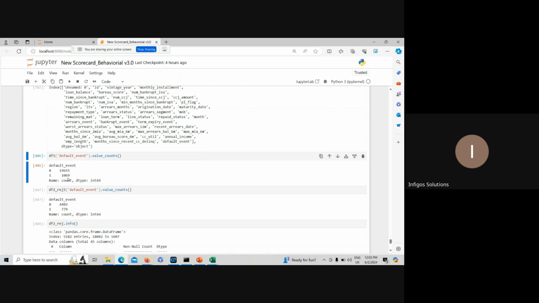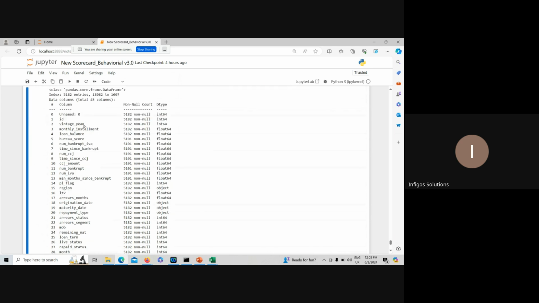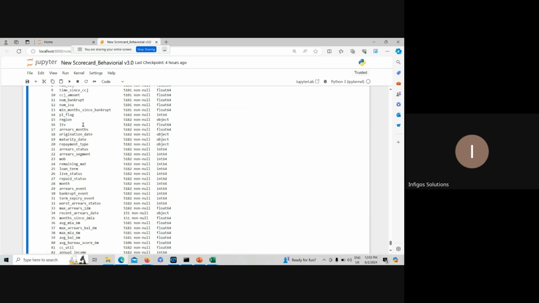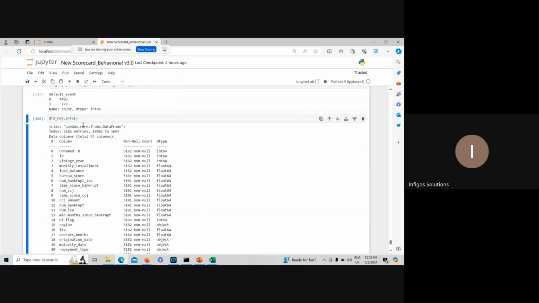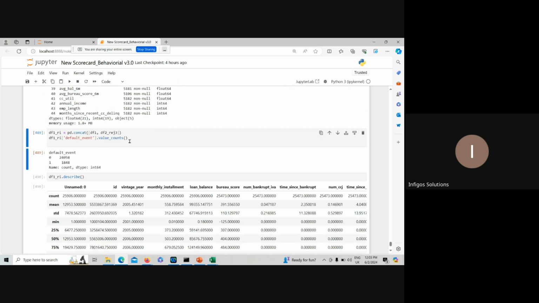It has 10, 39, this many values. It should have 779. And it will have, this is our old one. But once we merge this one with this, you'll get the data set for the application.